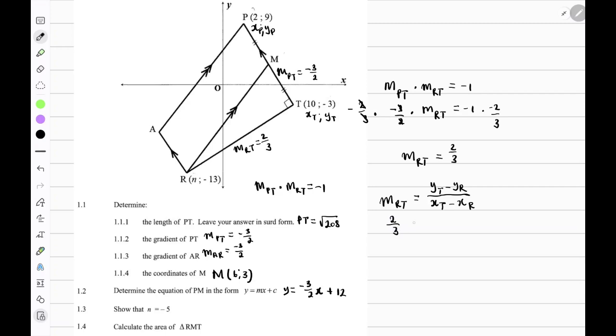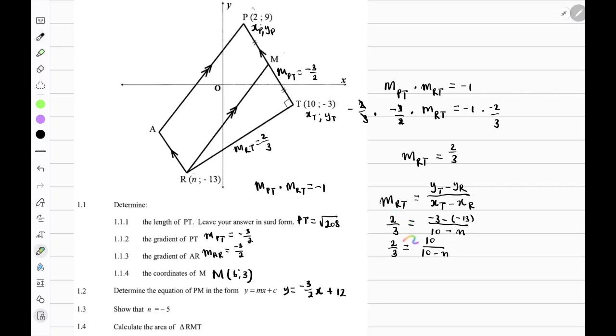2 over 3 is equal to yt negative 3 minus yr negative 13, all over xt is 10 minus xr is n. So this is 2 over 3 is equal to negative 3 plus 13 is positive 10, so it's 10 all over 10 minus n.